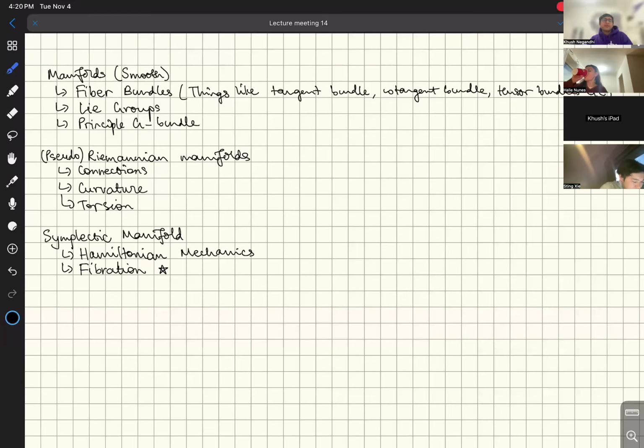Once we have all of this, if you've done any theoretical classical mechanics, you might know that there are two main ways to talk about classical mechanics. Those are the Lagrangian formalism, and the other one is the Hamiltonian formalism. Symplectic manifolds naturally give rise to the Hamiltonian side of things.